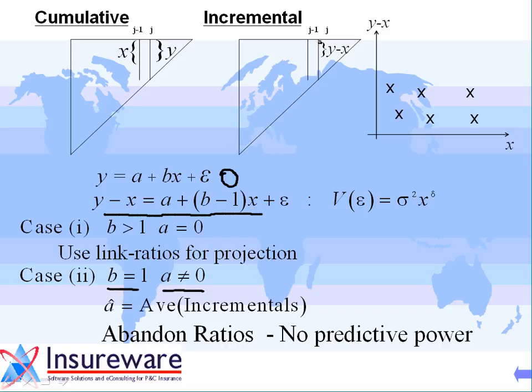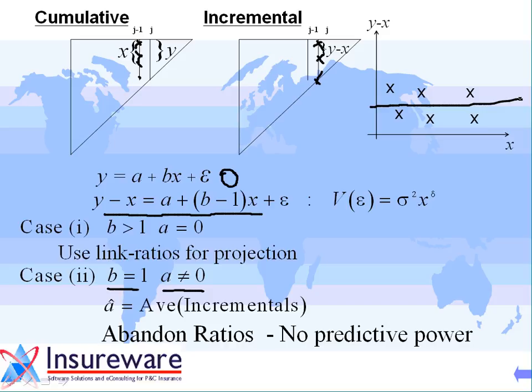We are saying that if you graph these incrementals versus these cumulatives, the slope of the line is 0. There's no correlation. They're not related. That means that ratios have no predictive power whatsoever. That's what it means. It means you also abandon them. They don't predict anything.